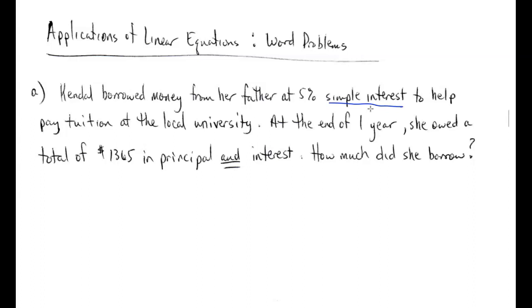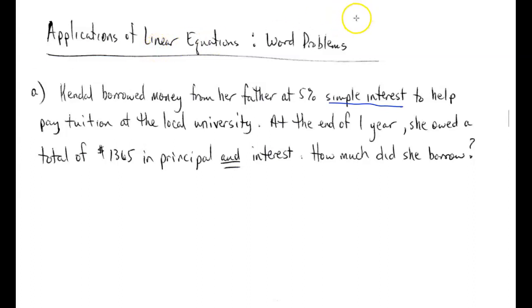So the main thing here in this problem is that we are trying to model simple interest. So we need to talk about that for a second. Simple interest is a situation like if I say I'm going to let you borrow $100 at 10%, how much interest are you going to pay on that if you pay me back in 1 year?